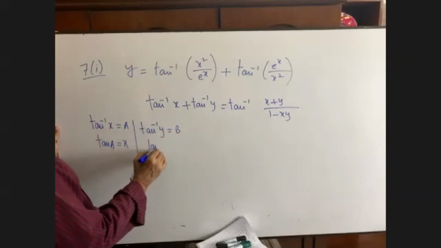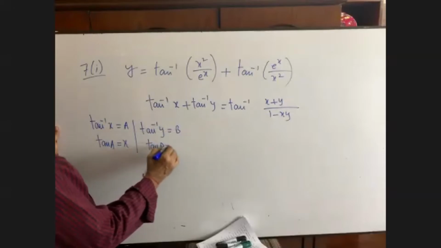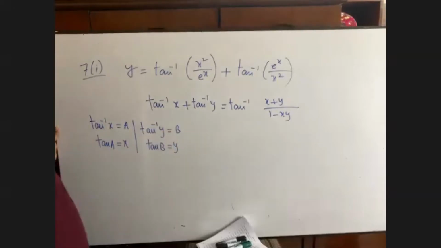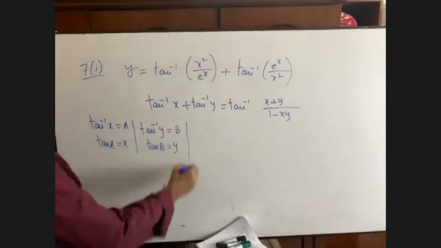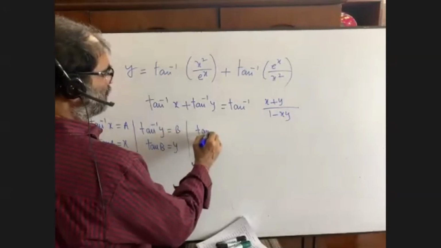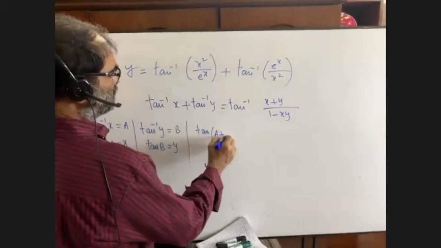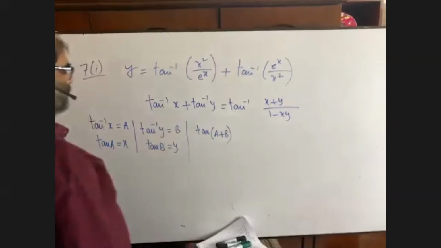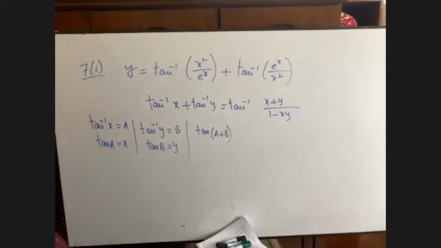Then we can write down tan b equals to y. Now, by this time, we all have come to know the formula of tan of a plus b. Can you please let me know what is the formula of tan of a plus b?